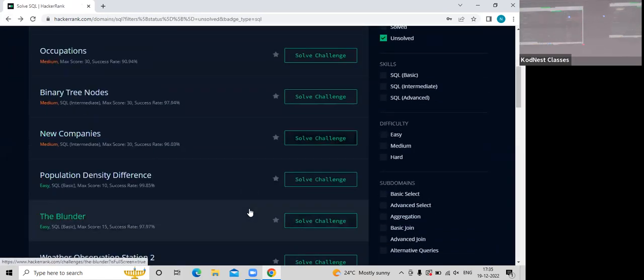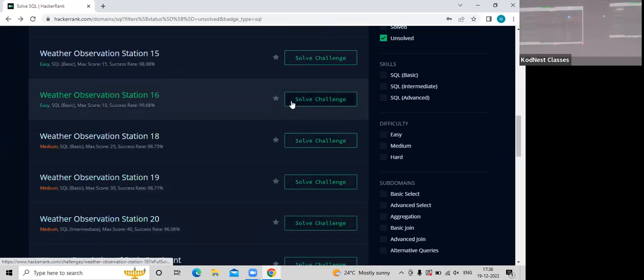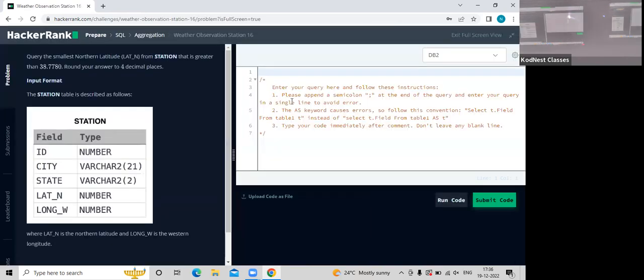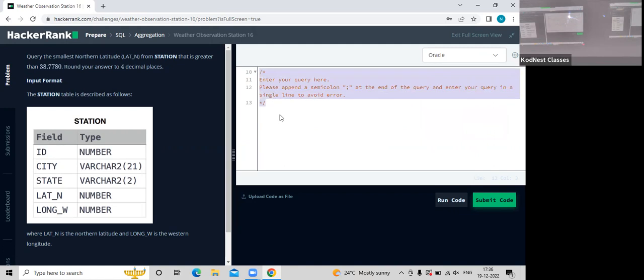Maybe one simple question we will solve and keep it for today. Shall we solve this very simple one?